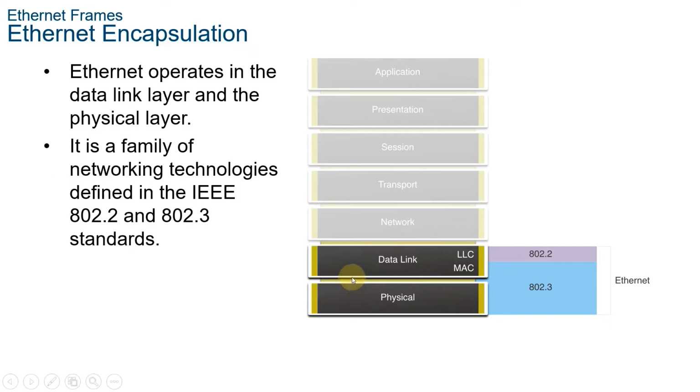As shown in the figure, Ethernet standards define both the layer 2 protocols and the layer 1 technologies. Ethernet is defined by the data link layer and the physical layer protocols.